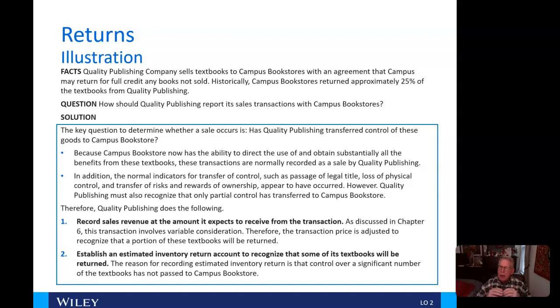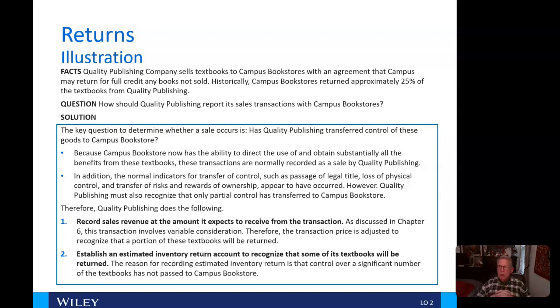Because the campus bookstore now has the ability to direct the use and obtain substantially all the benefits from these textbooks, they normally would record these as a sale from Quality Publishing. In addition, the normal indicators for transfer of control, such as passage of legal title, loss of physical control, etc., have occurred. However, Quality Publishing must also recognize that only partial control has been transferred to the campus bookstore.